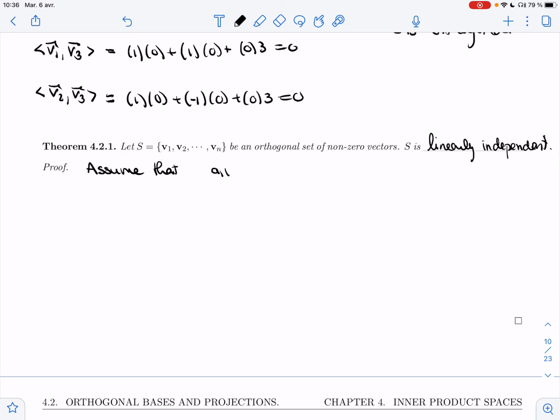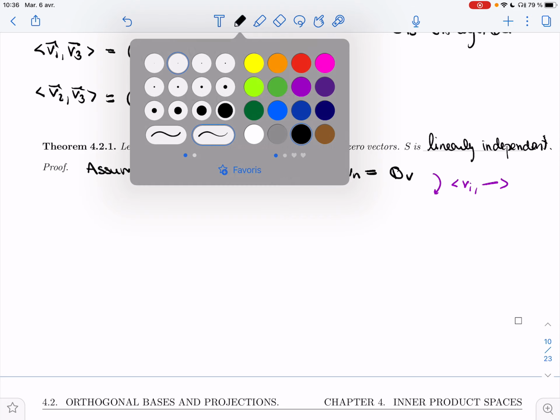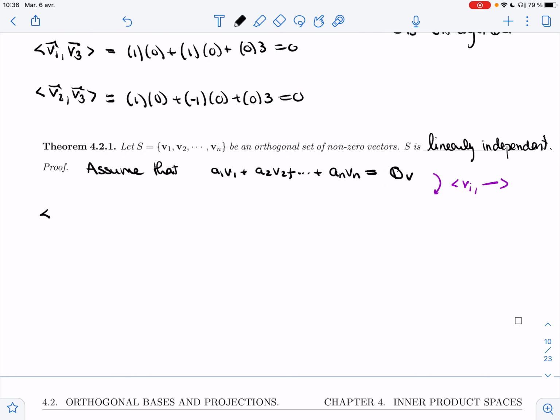So let's assume that I have a linear combination like this that gives you 0. All right, so I'm going to look at what happens when I take the inner product of vi with one of these things. So vi times a1 v1 plus ... plus an vn.